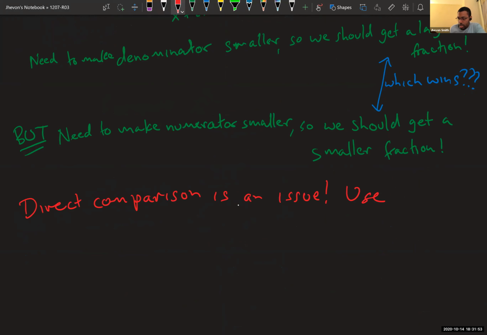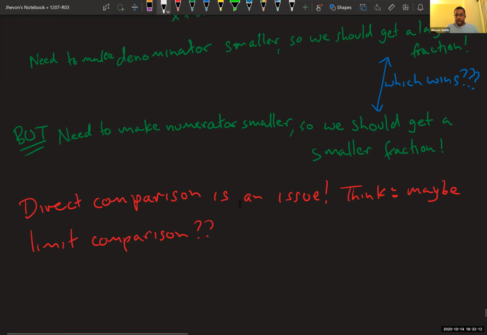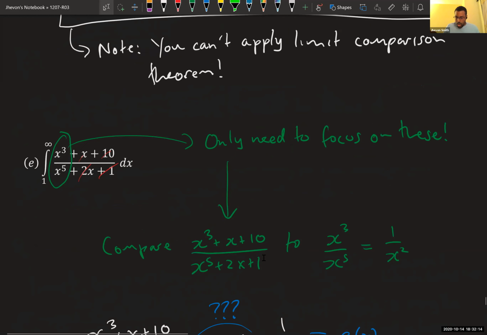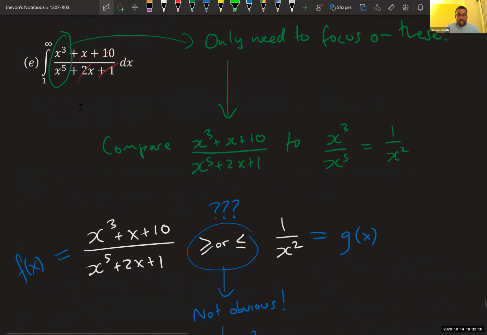So here is where you would think maybe a limit comparison. And then you can see, would a limit comparison work? Are both of these functions continuous on the interval from 1 to infinity? Yeah, because I'm not dividing by 0. So the continuity requirement is fulfilled.